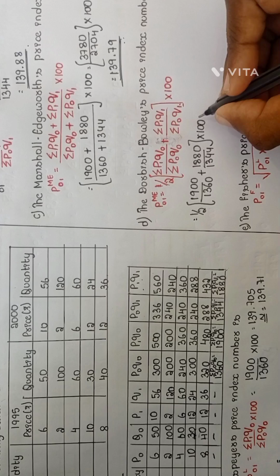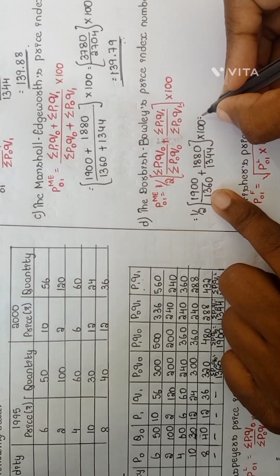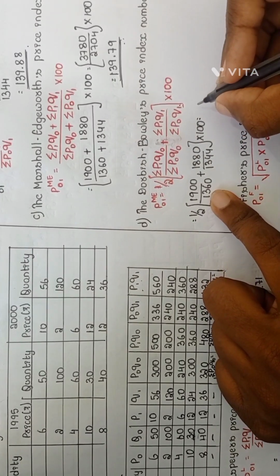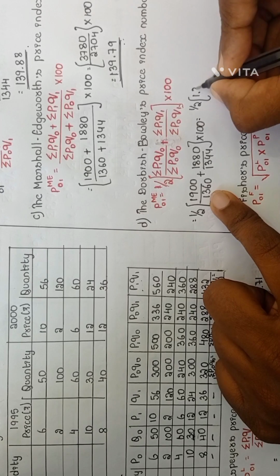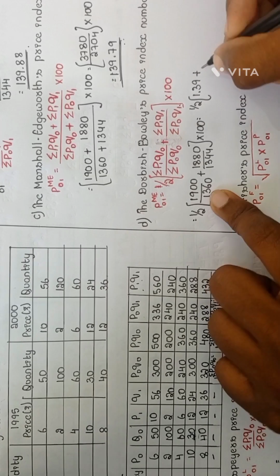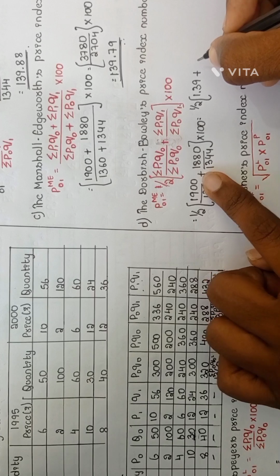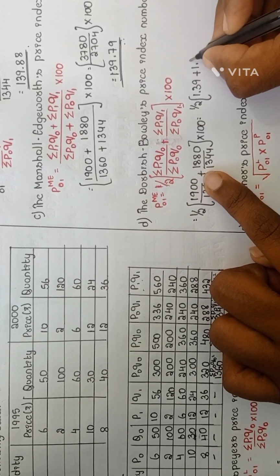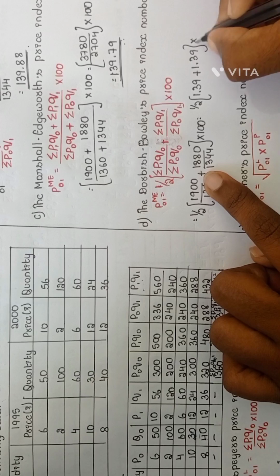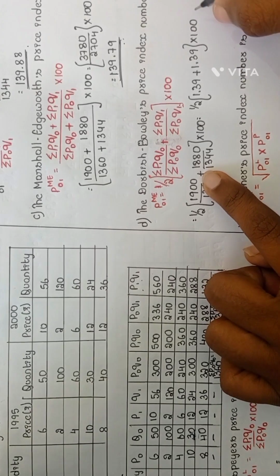Okay, 1900 divided by 1360 is 1.39 plus 1880 divided by 1344 is 1.39, into 100.